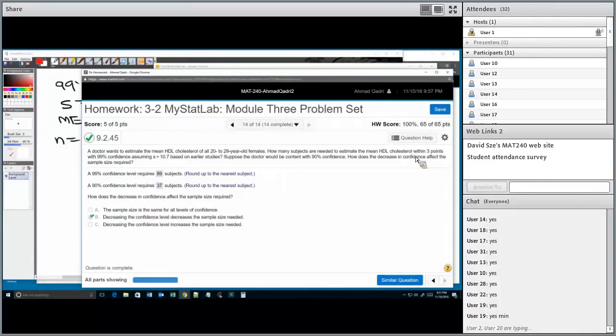So you want to find the minimum required to meet your precision that you're targeting. In this case, the precision is you want your margin of error to be plus or minus 3 points. You want to be 99% confident in your estimation, and you want your standard deviation to be 10.7.